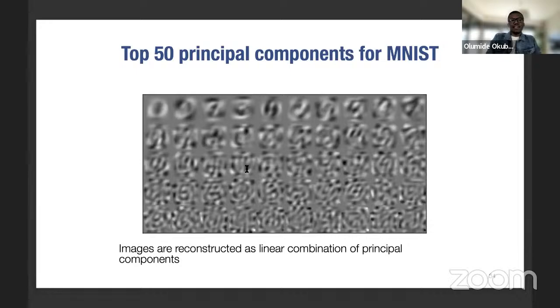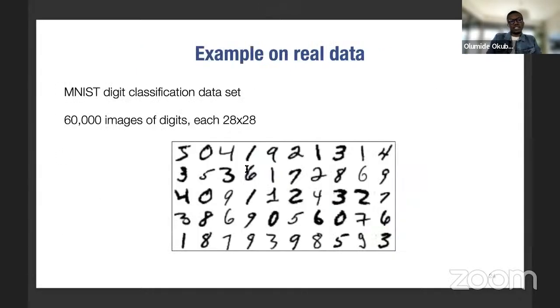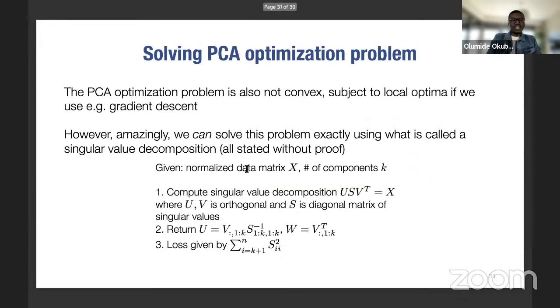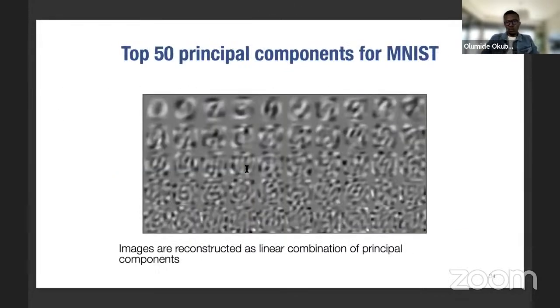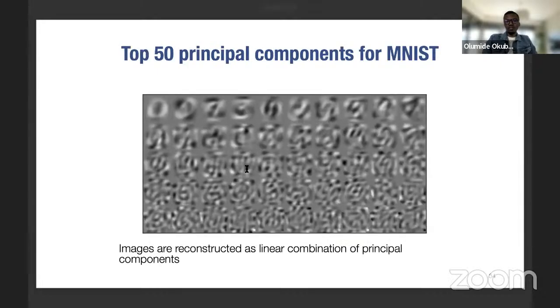It's not as clear as what we had before. Let me see, where did we have this? It's not as clear as this, but you can already start to see the outline. So these are the first 50 principal components for the MNIST, and these are the original images. So these are the principal components.